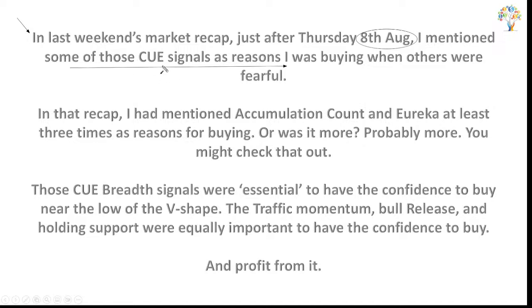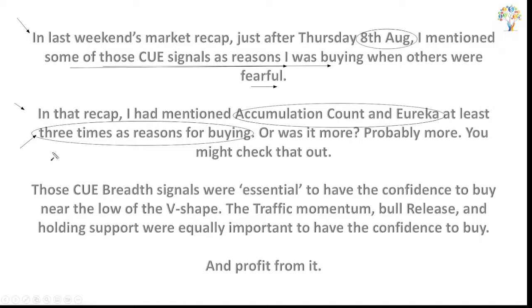And the same signals that I explained today, I showed them in the last market recap as reasons why I was buying while others were probably fearful. Specifically in that recap, I had mentioned accumulation count and Eureka at least 3 times as reasons for buying. These two were essential.